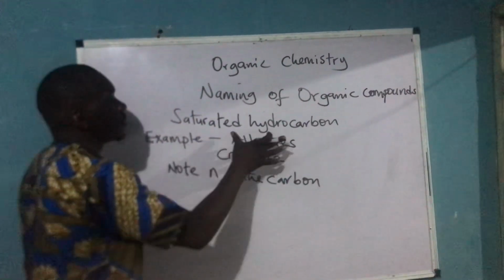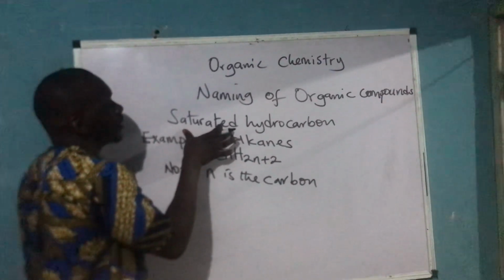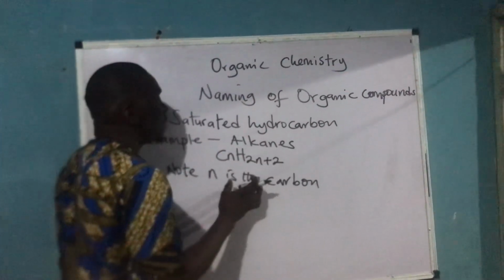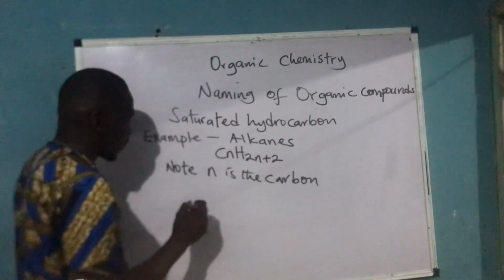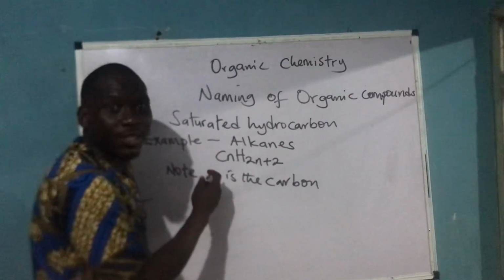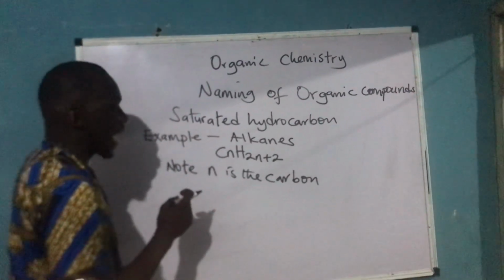So we said naming of hydrocarbon, the family that we are going to be discussing here is the saturated hydrocarbon, alkanes. Now, let's quickly talk about this saturated hydrocarbon, the family alkane.